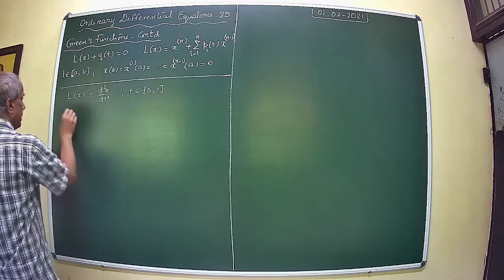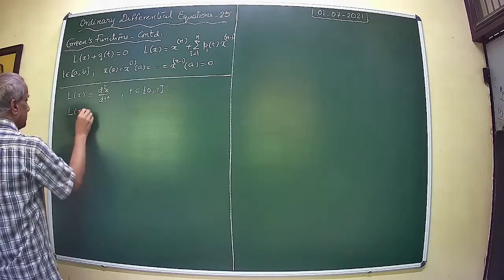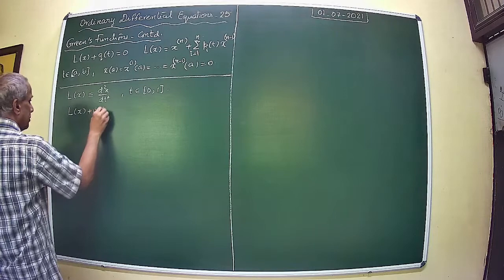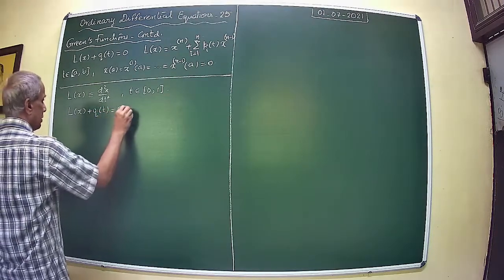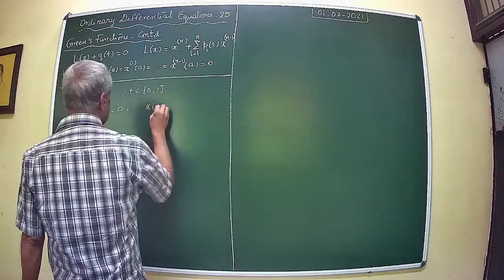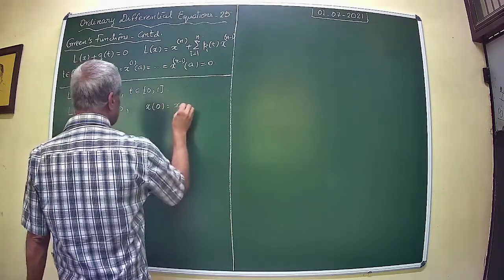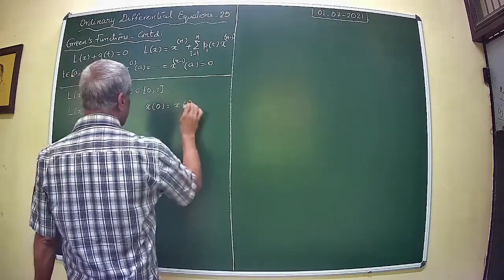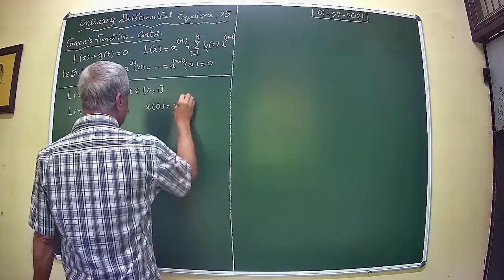Okay, the problem was Lx plus 2t equal to 0, with the initial conditions x(0) equal to x(1), its derivative 0.